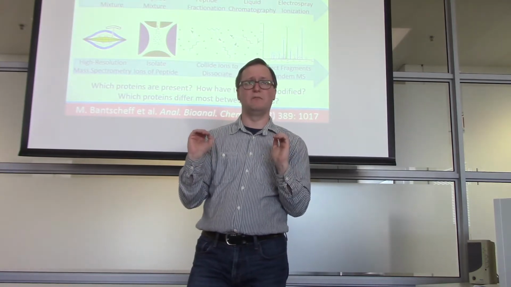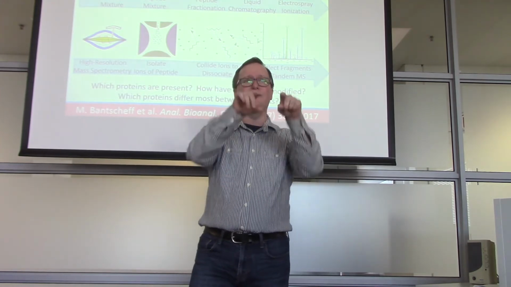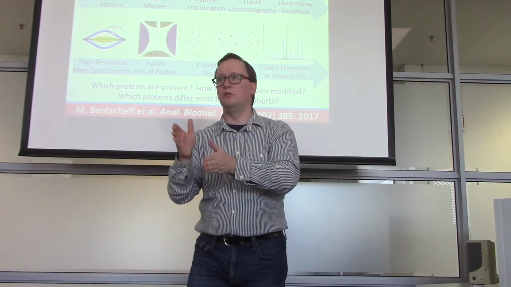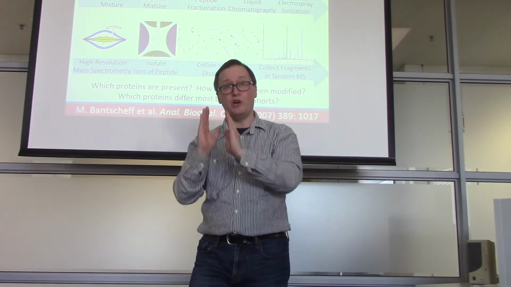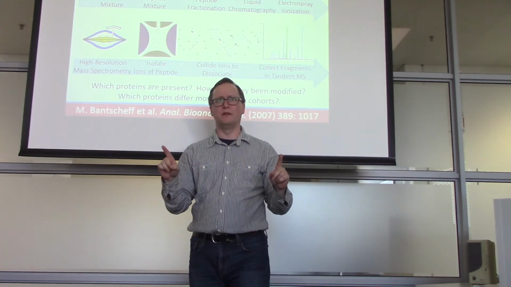Everyone follows that? And if it's carrying 2 protons on board, that 1100 will divide by 2 to give you a mass to charge value of 550. Did everyone follow my math?